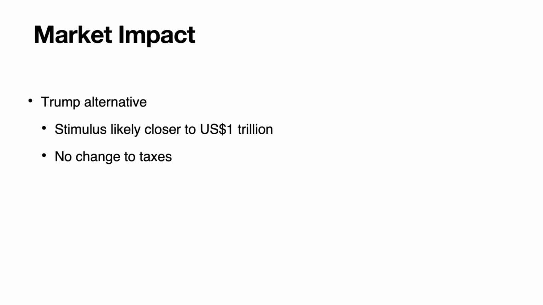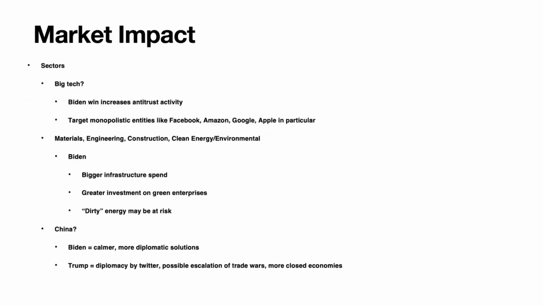On that point, I might go to the next slide, Victor, and have a look at some of the sectors that would be impacted, winners and losers under the two different scenarios. And again, it's very much Biden heavy, this information, because under a Trump presidency we'd see pretty much the status quo.